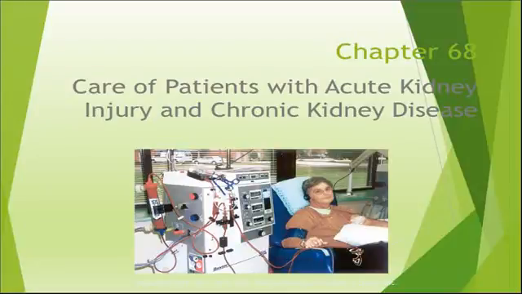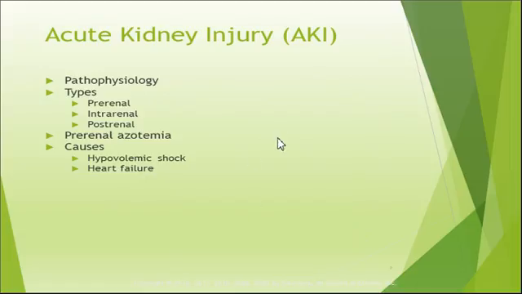Chapter 68. We're going to talk about our kidneys and what makes them not work so properly. Acute kidney injury, or AKI, is basically the loss of your kidney function.